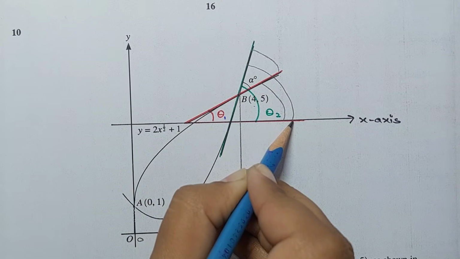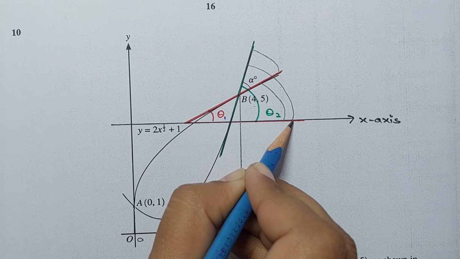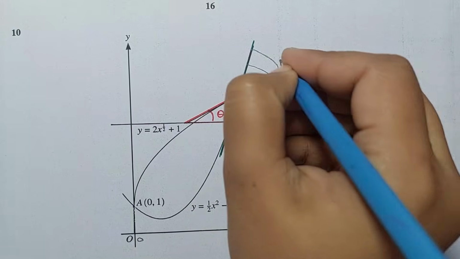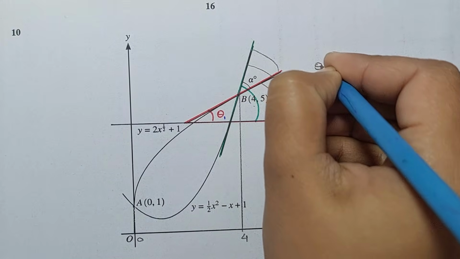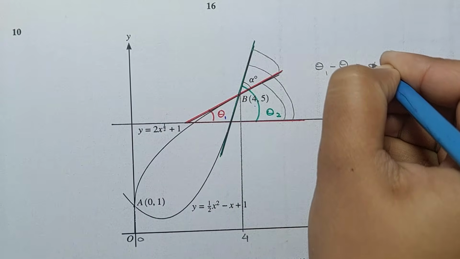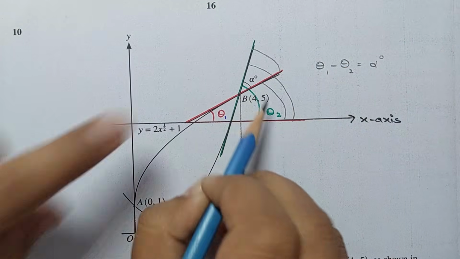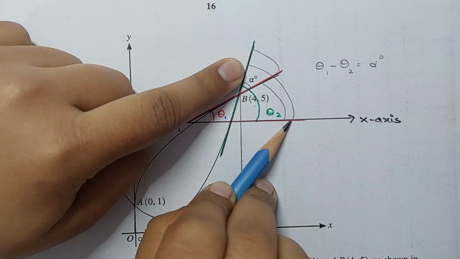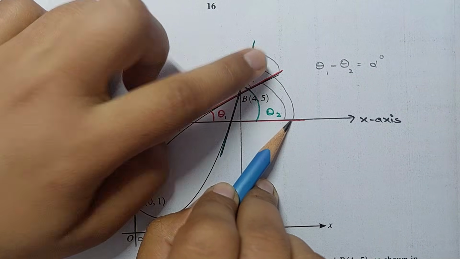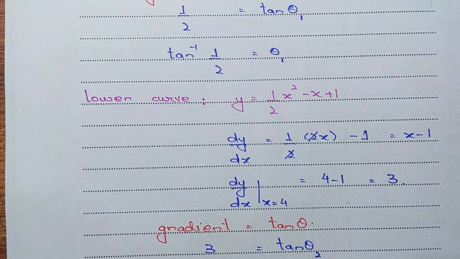So this whole thing is theta 2, this thing is theta 1. So how do we get this thing? You take away this portion from the whole theta 2, and you will get this angle alpha. I hope this is clear now.